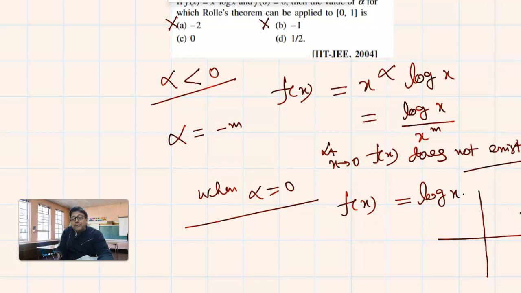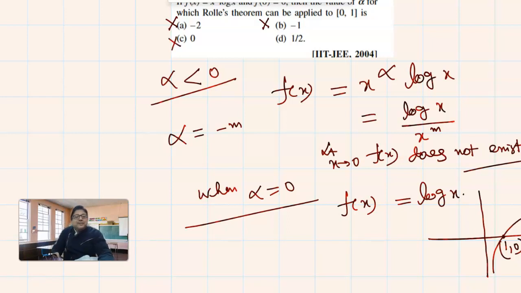If you go by the graph of the log x function, it's like this. At x equal to 0, its value is minus infinity. So this function is not continuous at x equal to 0. So at the end point f(0) we are unable to find, although log 1 equal to 0. So Rolle's theorem cannot be applied for this also.